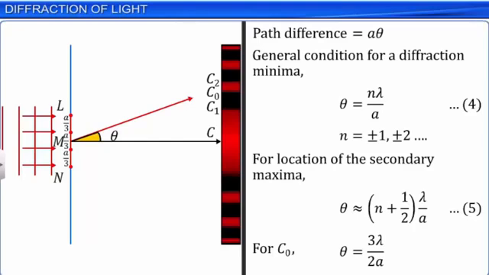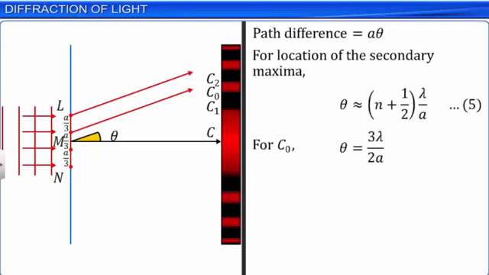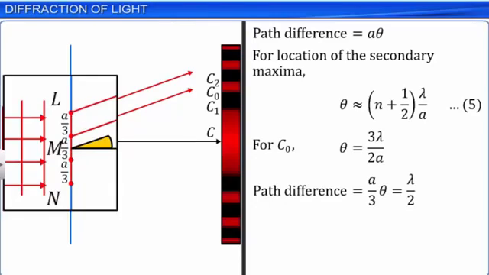Since the width of each part of the slit is A by 3, the path difference between them at C0 is equal to A by 3 into theta, which in turn is equal to lambda by 2. Hence, these 2 waves interfere destructively at C0.